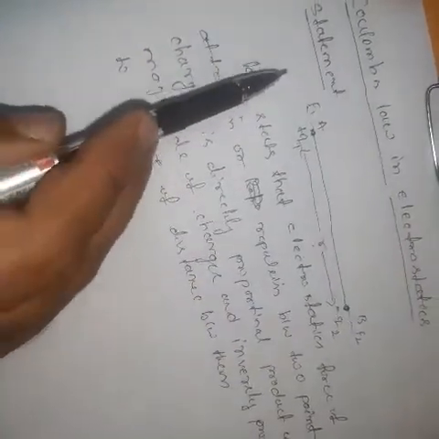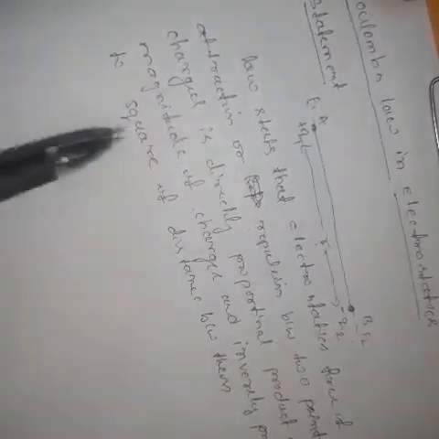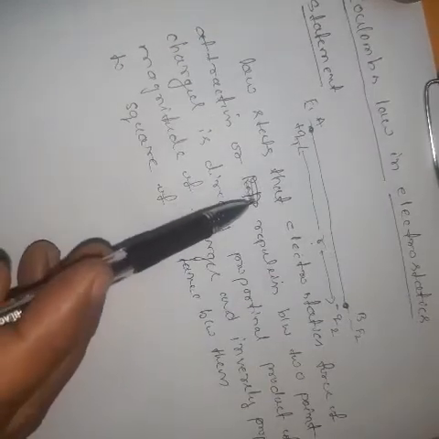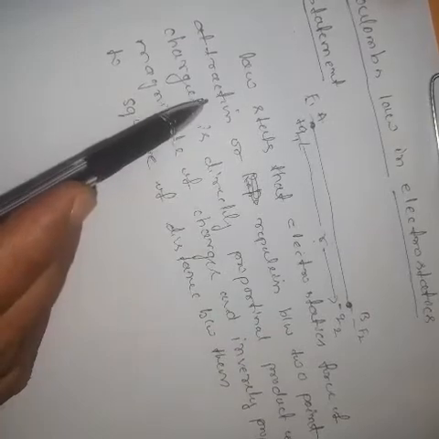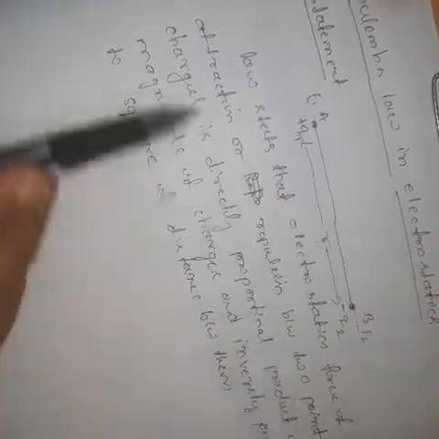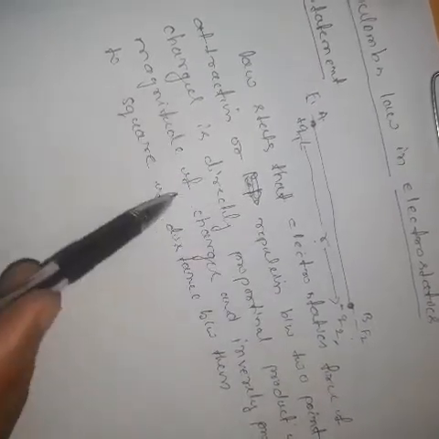According to the law, the electrostatic force of attraction or repulsion between two point charges Q1 and Q2 is inversely proportional to the square of the distance between them.